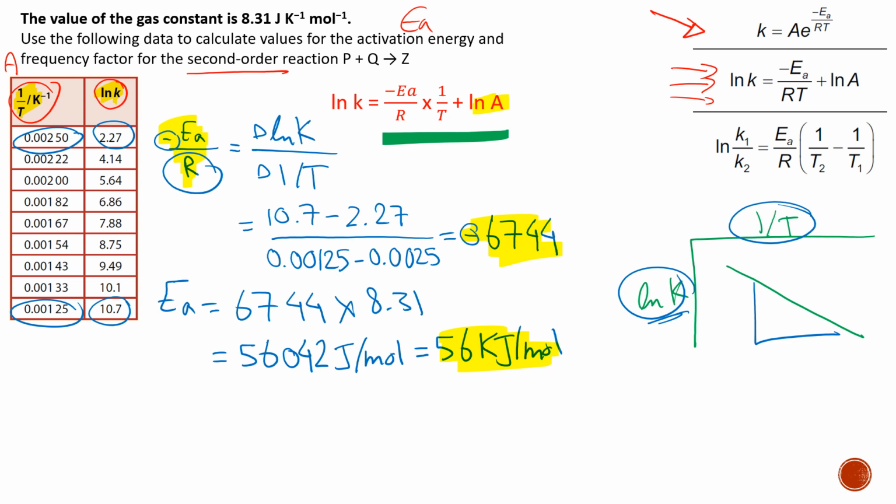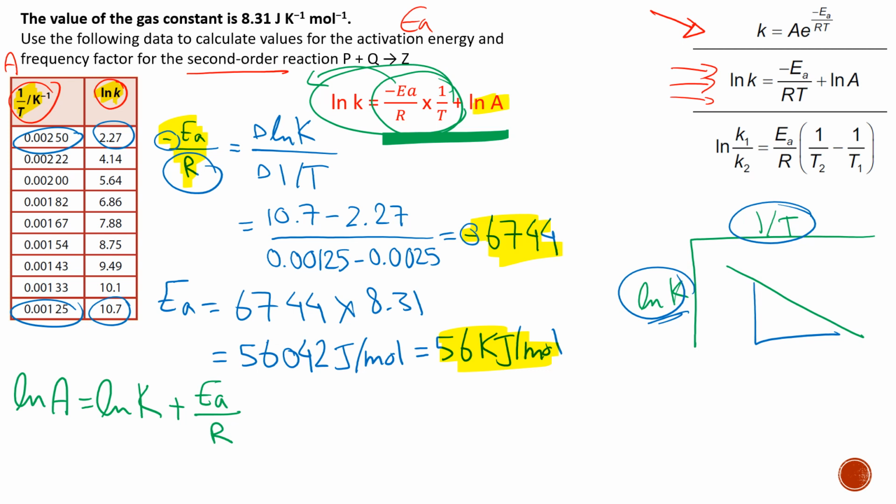So we'll have ln A is equal to, we'll manipulate this formula, we have this part in negative, so it could go to the other side with a positive sign. So ln K plus EA over R, multiplied by 1 over T.